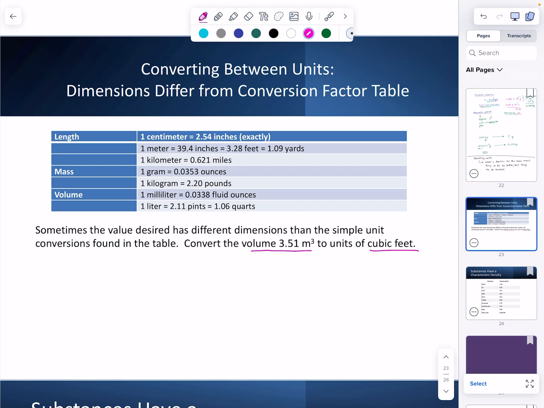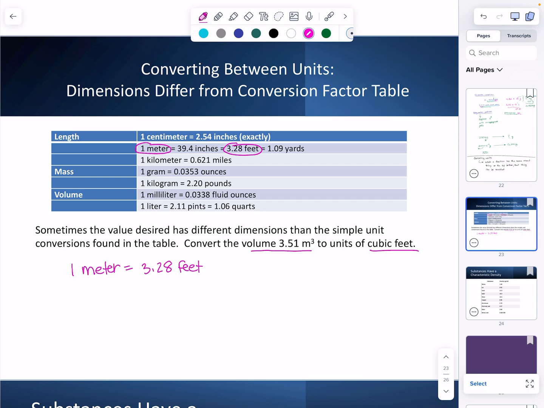Well, I know I have a unit conversion between meters and feet, but I don't know how that translates when I've cubed that thing. So what we can do is make our own composite unit conversion factor by taking our original one. So we've got 1 meter equals 3.28 feet.